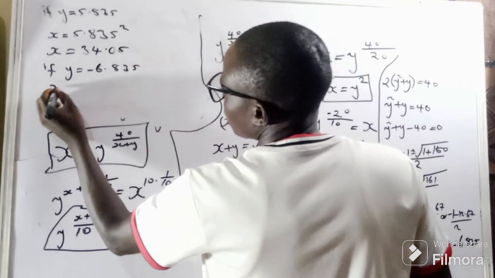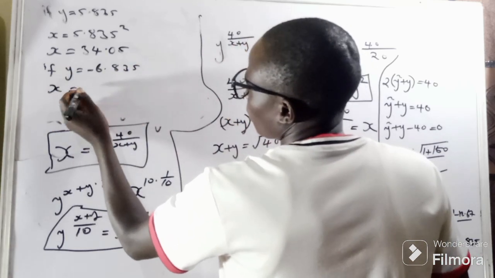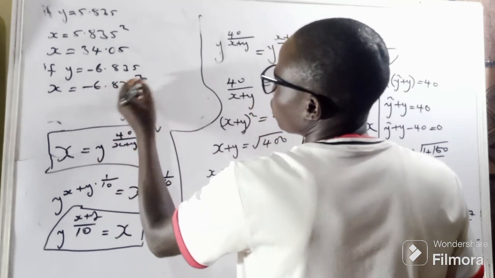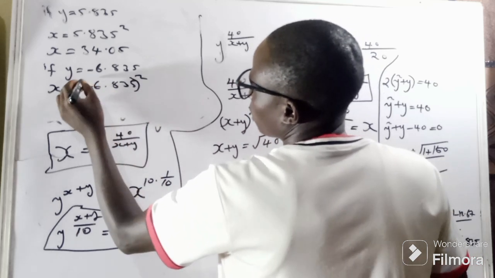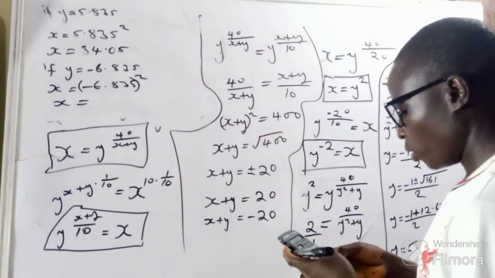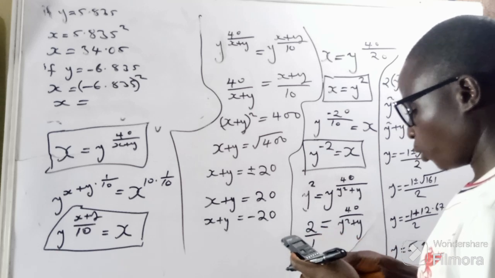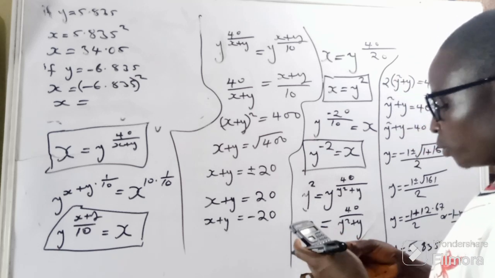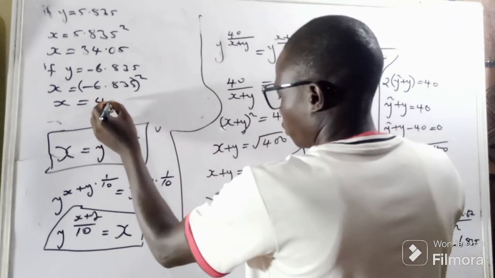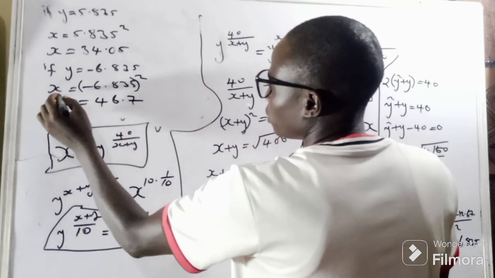And if y is equal to negative 6.835, that means x is going to be negative 6.835 squared. So x is going to be 46.7.